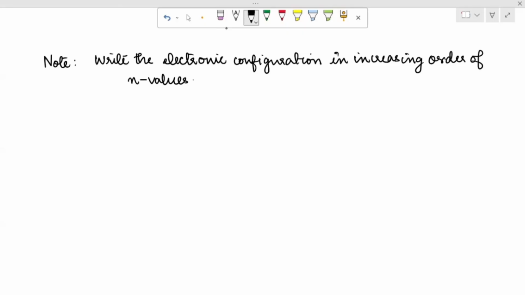Let's start with very easy questions now. So we have to learn several cases. Case 1 is when the electron is present in the S or P subshell.